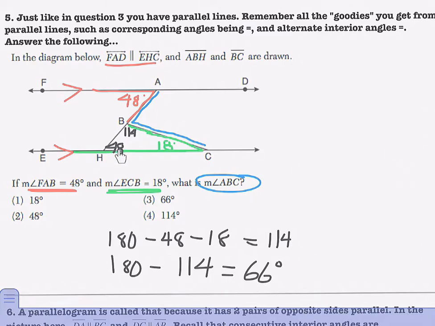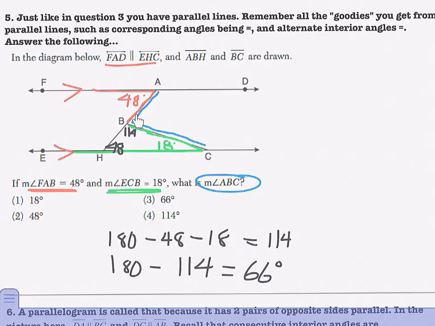Next up is I took the 48 degrees and the 18 degrees and realized that in a triangle, 3 angles have to add up to be 180 degrees. So 180 take away 48, take away 18, leaves me with 114 for angle HBC. And that's good news because I'm just one small step away from figuring out the answer.